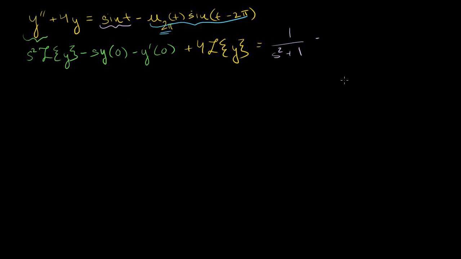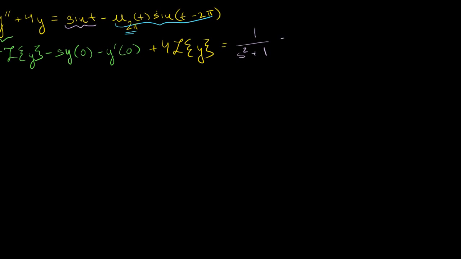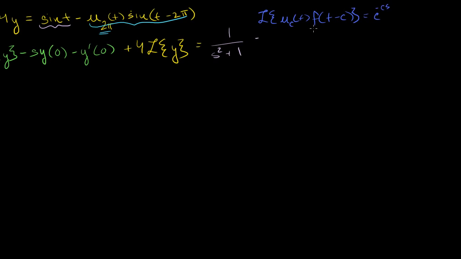So the Laplace transform of the unit step function that goes up to c, times some function shifted by c, is equal to e to the minus cs times the Laplace transform of the original function, f of t.